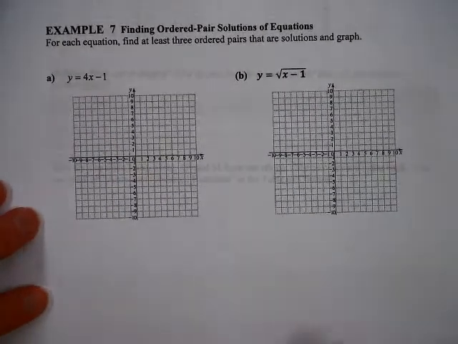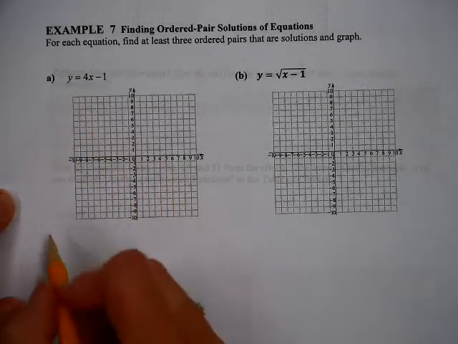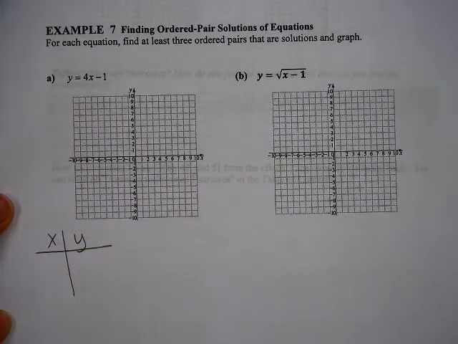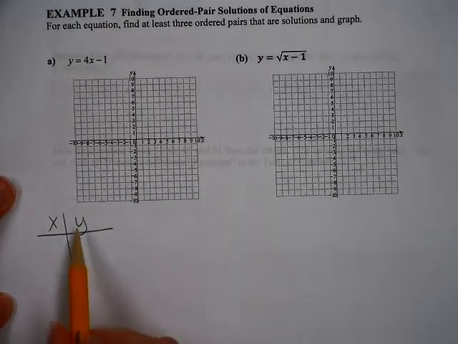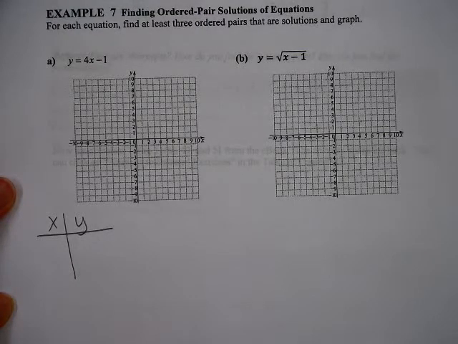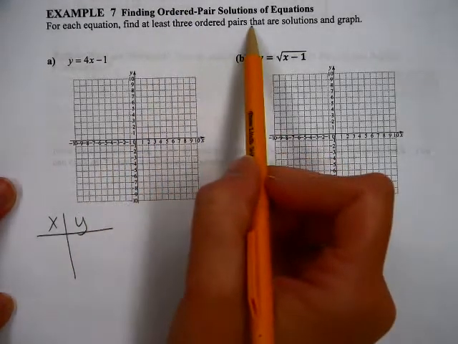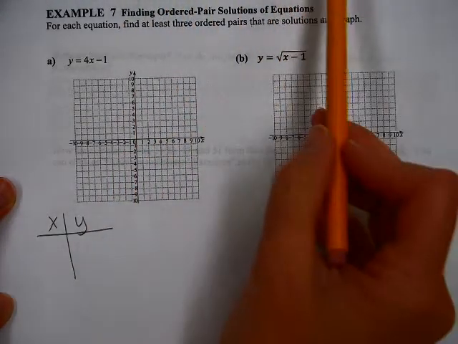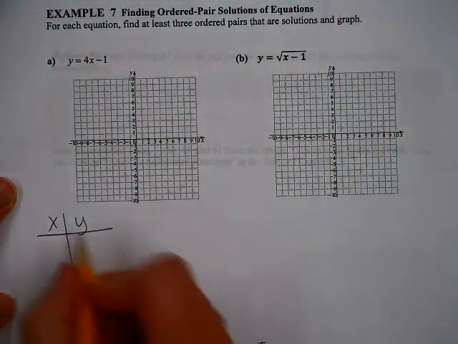The equation is y equals 4x minus 1. Okay, well let's do a table of values. We can let x or y be anything we want. But it says to find at least 3 ordered pairs, and I want 2 of those to be the intercepts. So let's first let y equal 0.